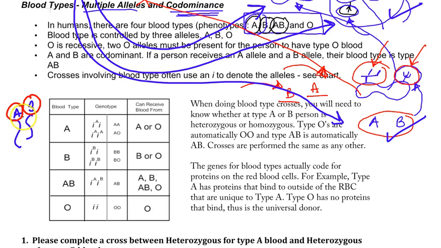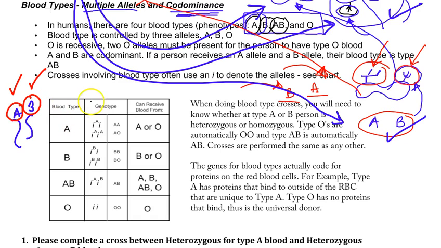Because they're both there. So being codominant doesn't mean one's better than the other. It means that both genes are what? They're both working. They're both available for us to make the proteins that make this allele be expressed, or the expression of the gene to be the allele, however we want to think of it.